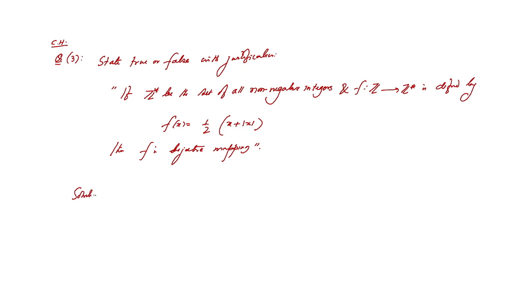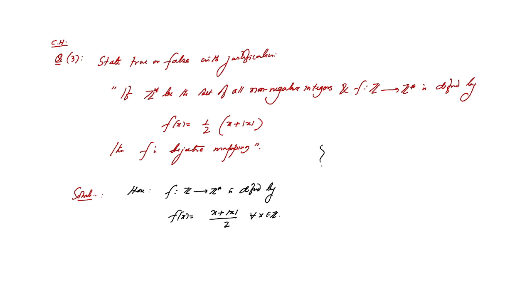So now how to solve this kind of question? First we will write the given map. The map is f from Z to Z star, the set of all non-negative integers, defined by f of x equals x plus mod x by 2 for all x belongs to Z. Z is the set of all integers.